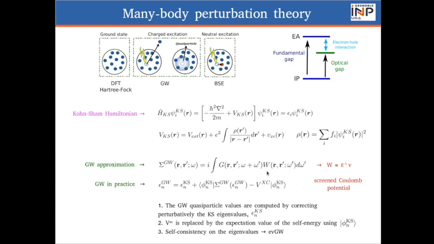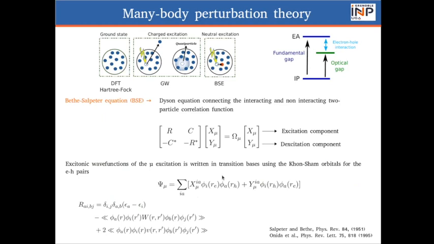All the data that I'm going to show are eigenvalue self-consistent values of GW, which means that we iterate several times the correction until we are within 0.1 in the energy.